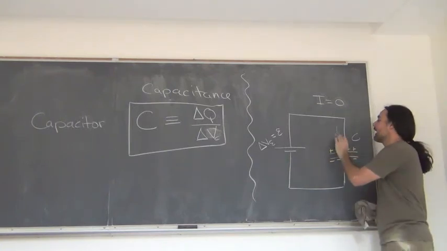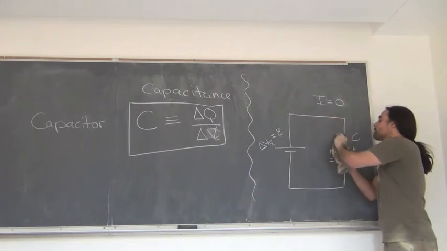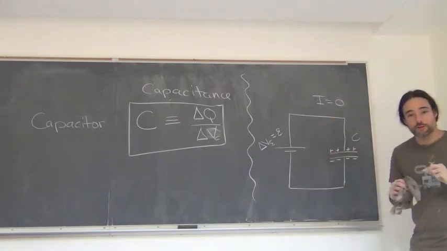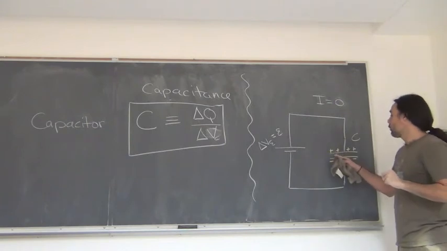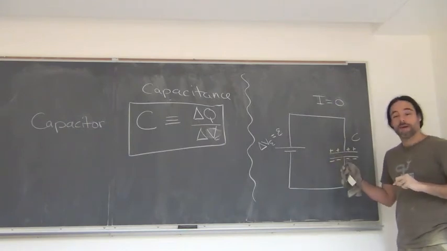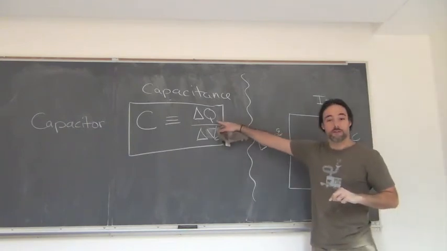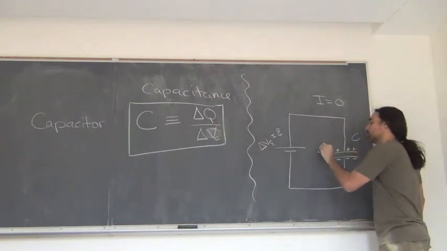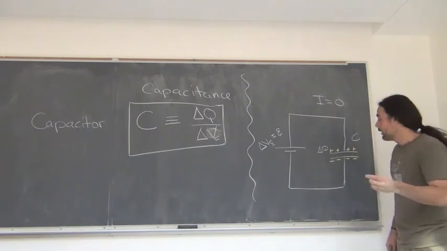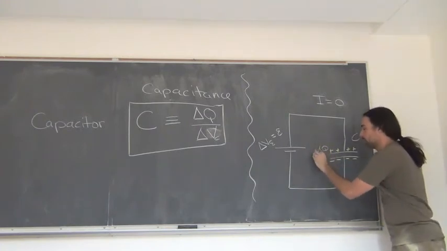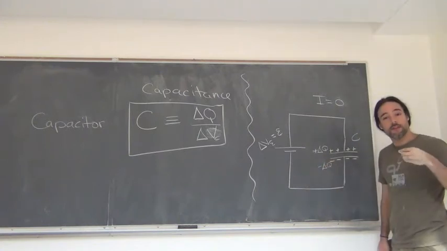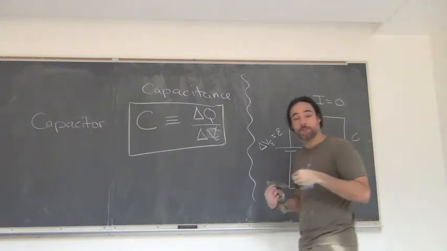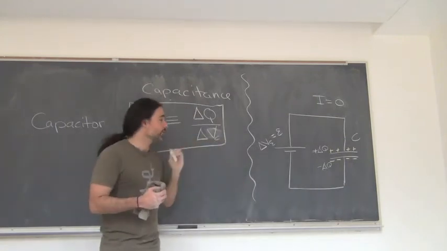So they're going to push those back, and eventually they're going to push back so much that the current is just going to stop. So once we reach the maximum capacity, once we've got our fill of charge, or delta Q, there's going to be some buildup of charge, which I'll call delta Q. It's going to be positive on this plate, negative on this plate. Once the capacitor is filled to capacity, the current is going to stop.